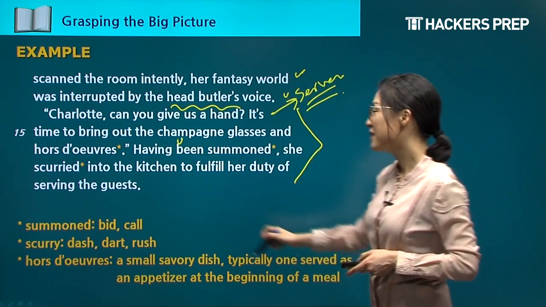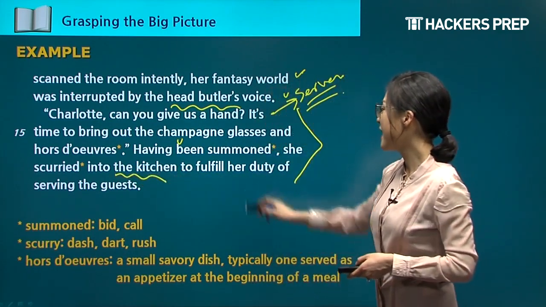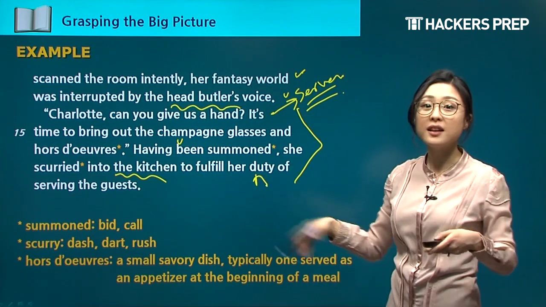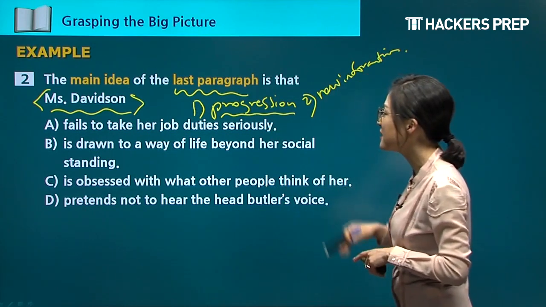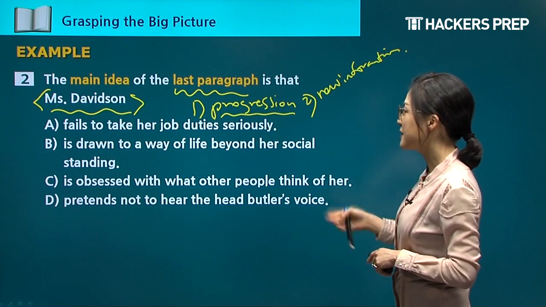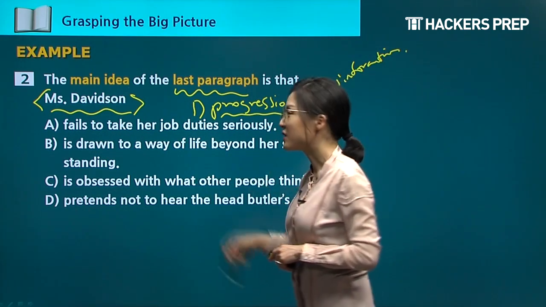What does she do? Again, reminding us that she goes into the kitchen and she fulfills her duty of serving the guests. All right, so she's a server. That's what we learn. All right, so the main idea of the last paragraph is that Miss Davison, all right, so let's see. A, it says, fails to take her job duties seriously.